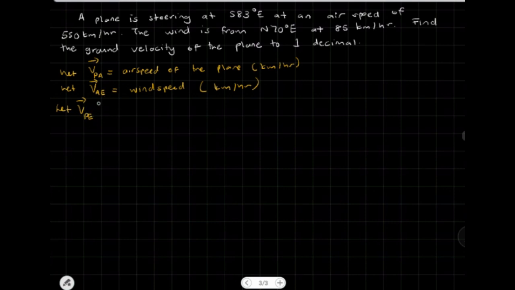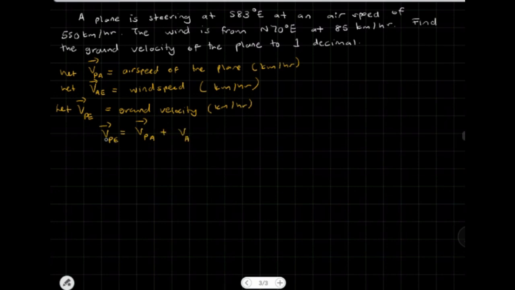So let v sub pe represent the ground velocity, because velocity is a vector, so it has a magnitude, which is speed, and a direction. The ground velocity, in kilometers an hour, is the vector sum of the airspeed and the wind speed.